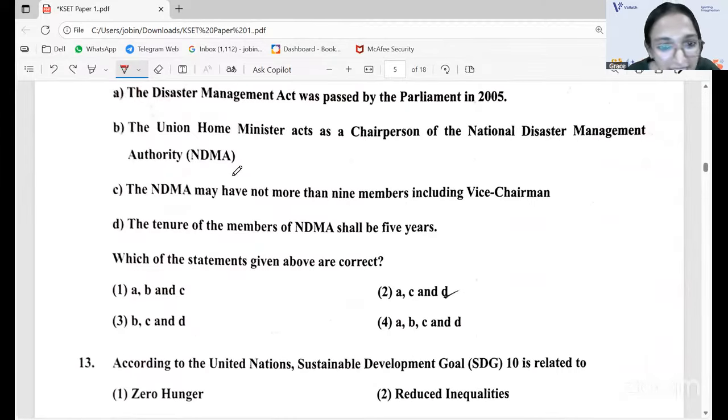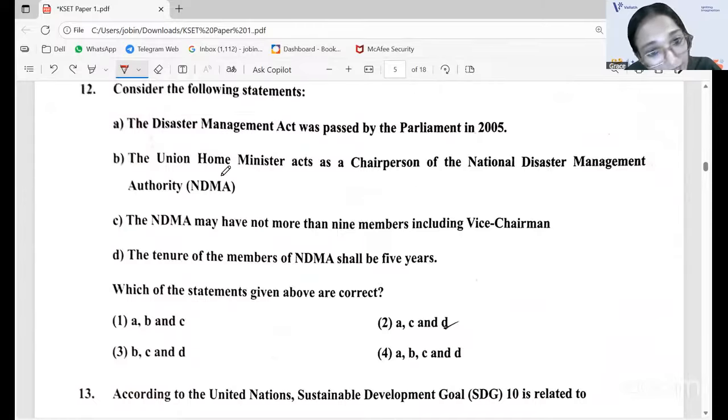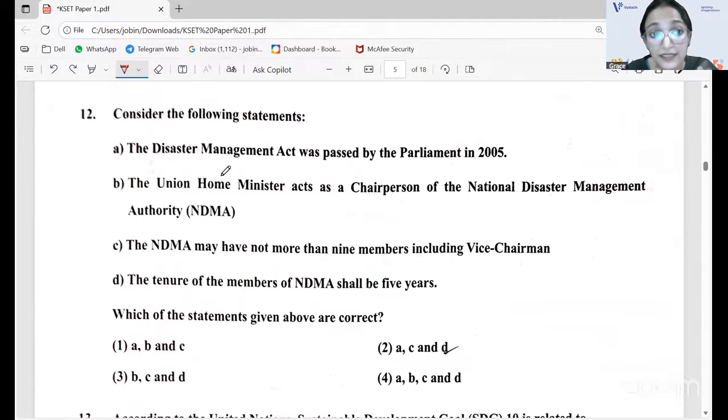Consider the following statements. So there are 4 statements in your hands. You should keenly observe the statements. The first one is the Disaster Management Act was passed by the Parliament in 2005. That's true. It's a right statement. Option B: the Union Home Minister acts as a chairperson of the National Disaster Management Authority.